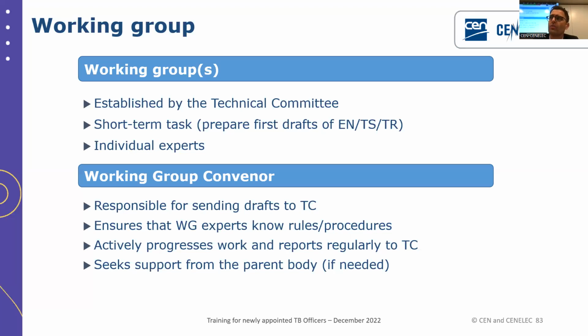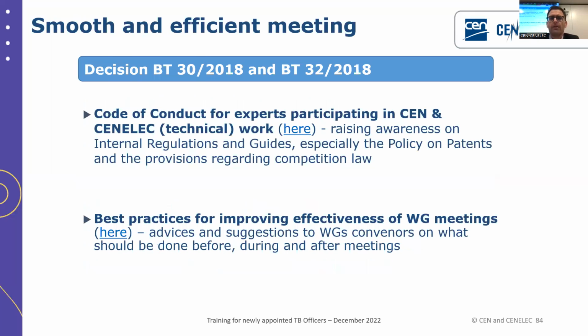Normally, the first time a convener is appointed for a maximum period of 6 years, and then additional appointments of the same convener are possible, but each appointment is for 3 years maximum.